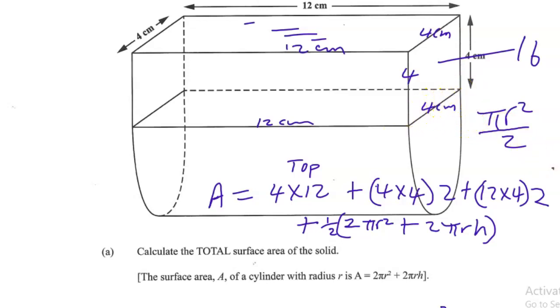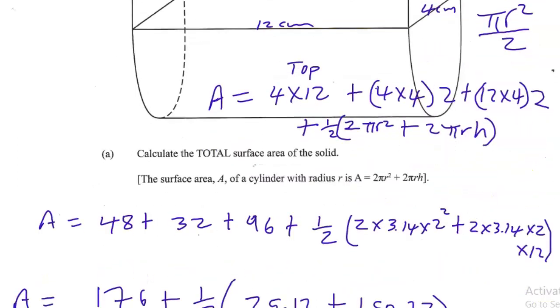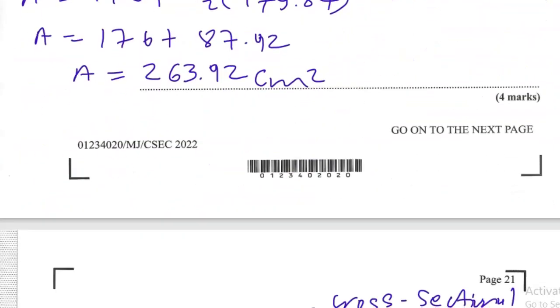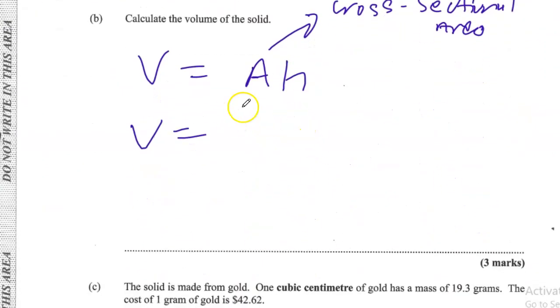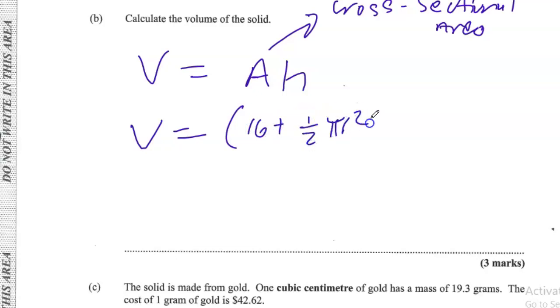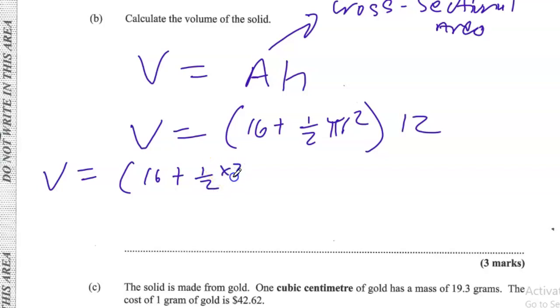So we're calculating the cross-sectional area now. It will be 16 plus pi r square over 2, half of pi r square, times the height, which is 12. So the volume would be 16 plus half of 3.14 times 2 square, times the height, which is 12.